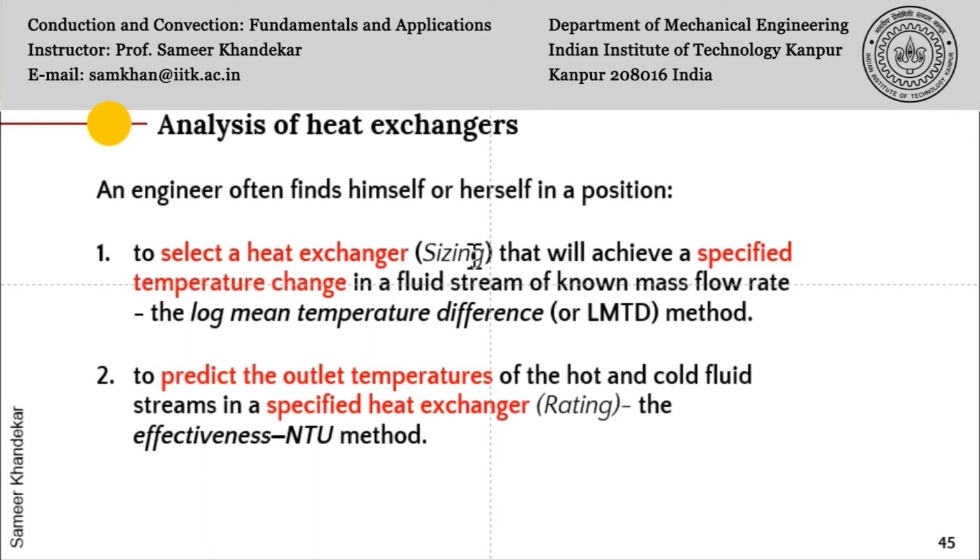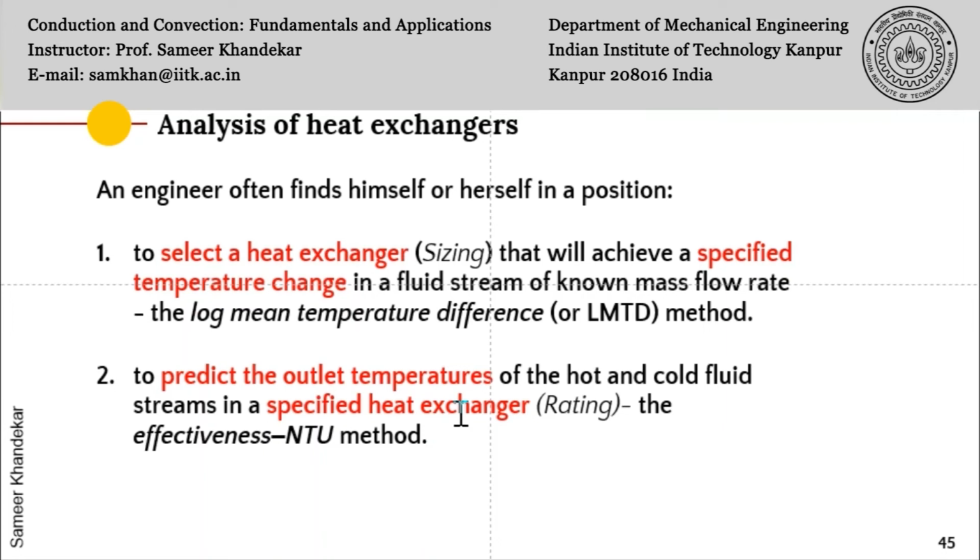Now the other problem which can occur is that if you have a specified heat exchanger, that means the heat exchanger is available to you, you are supposed to predict the outlet temperature of the hot and the cold fluid stream in a given heat exchanger. So these type of problems are called rating problems.